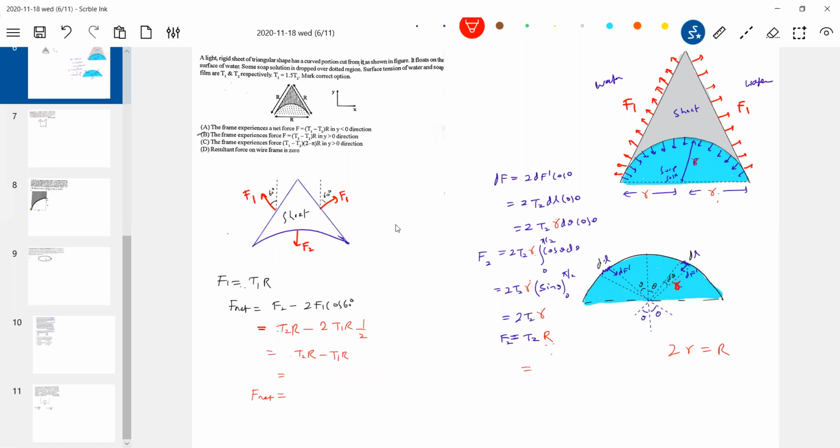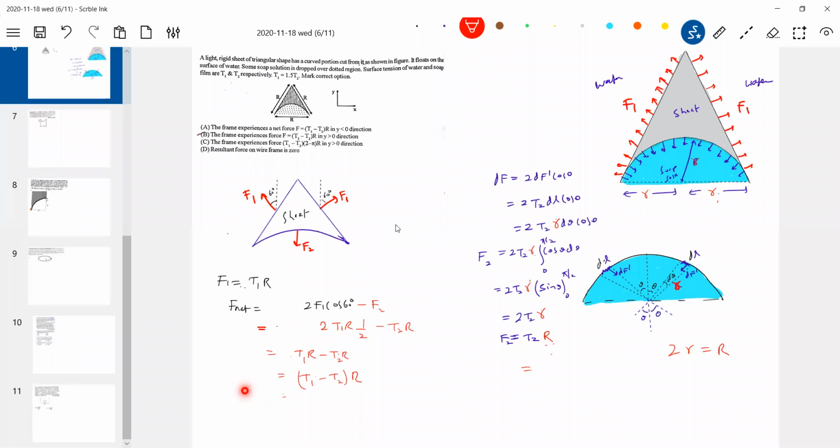Which will be greater? T1 will be greater. Okay, this one. I think I should take the result. F2 minus, will arrange like this. Okay, this will be the net force.